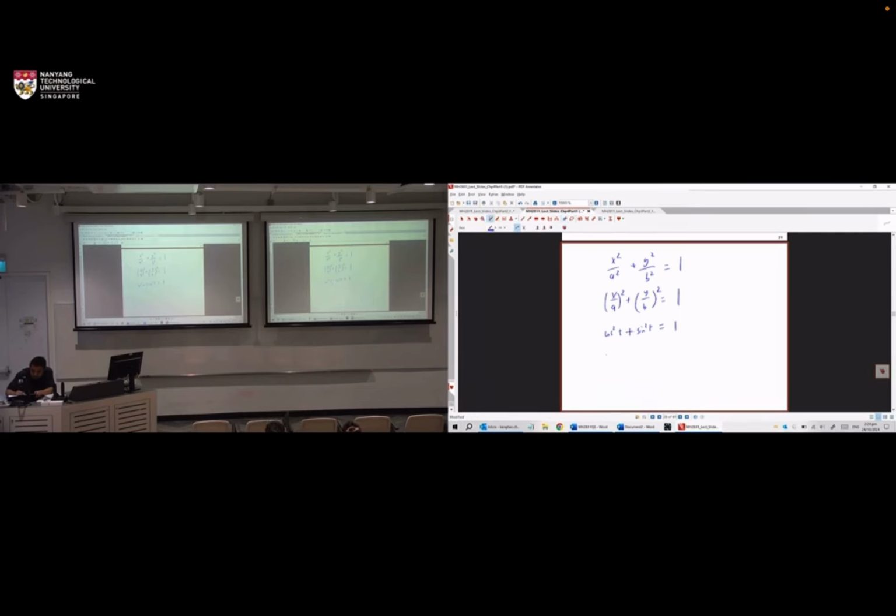So x over a equal to cosine t, therefore x is a cosine t. Likewise, y over b is sine t, so y is equal to b sine t. Where t is between 0 and 2 pi.